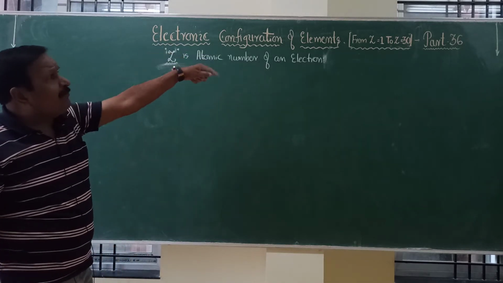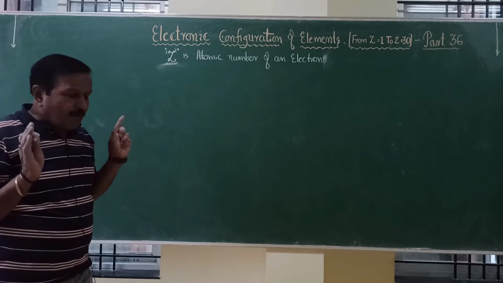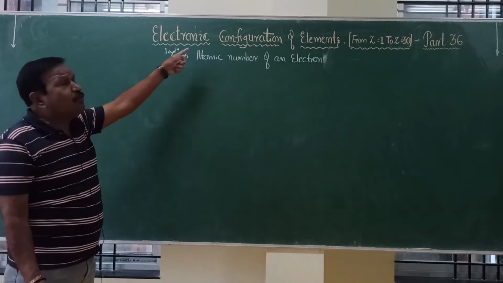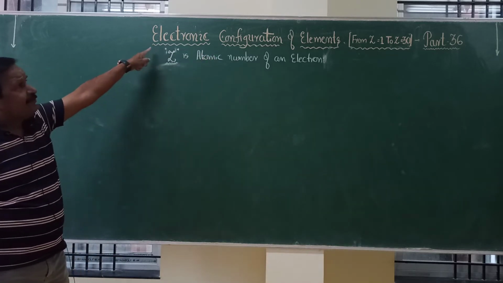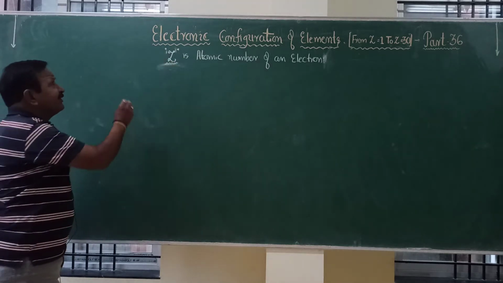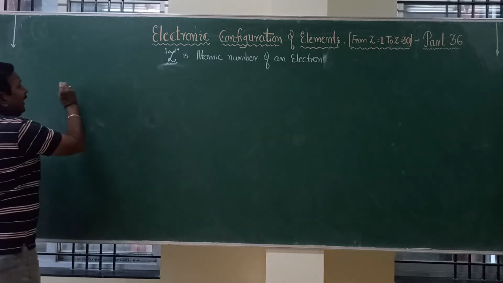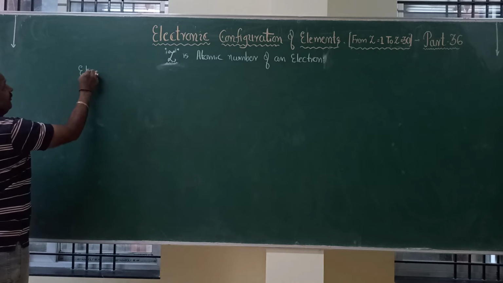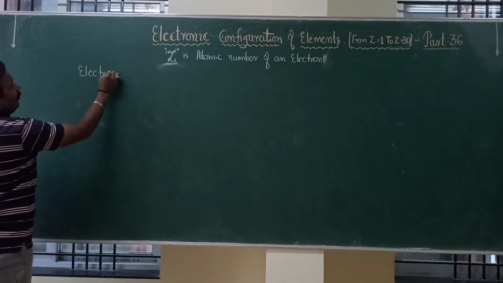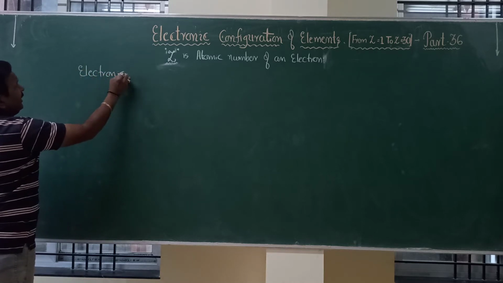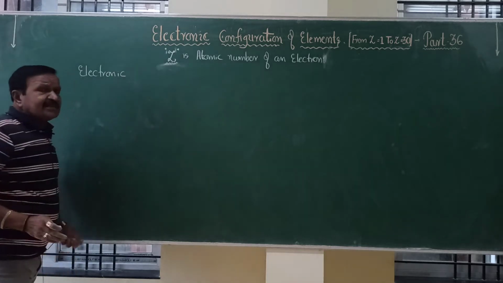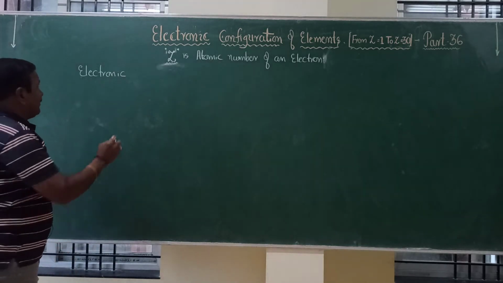Now, electronic configuration of elements we are going to do in two methods or two ways. Electronic configuration is the distribution of electrons systematically and scientifically.